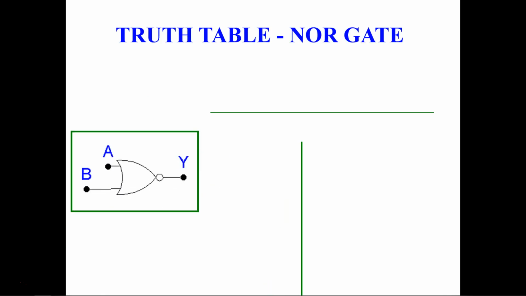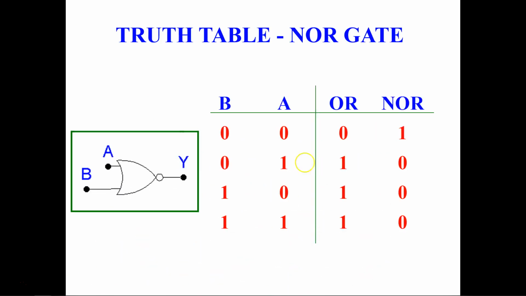Now let's see the truth table. For the NOR gate, we are going to apply the same method which we applied in the AND gate. These are the different combinations of inputs, and this is the output which we get from the OR gate, and then we are going to take the complement of these outputs, and whatever we get is the NOR gate. So you know that in the OR gate, only if both the inputs are low is the output going to be low, otherwise it is going to be high.